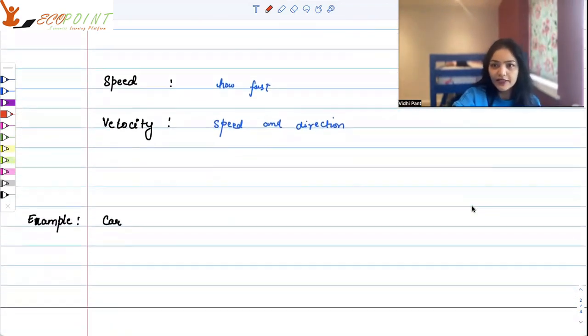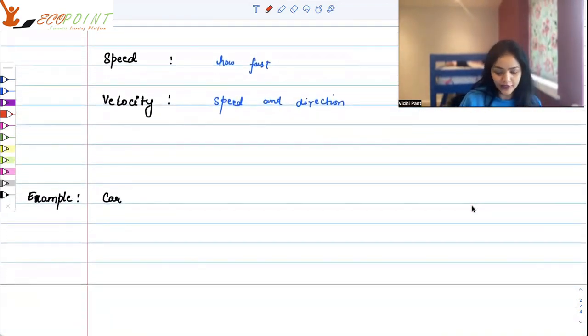So velocity, first let's think in terms of velocity. So thinking in terms of velocity, car का example लेते हैं. Let's take an example of a car. So you have a car, और कार ने मूव करना है. मान लेते हैं कि कार मूव कर रही है एक पॉइंट से दूसरे पॉइंट तक.